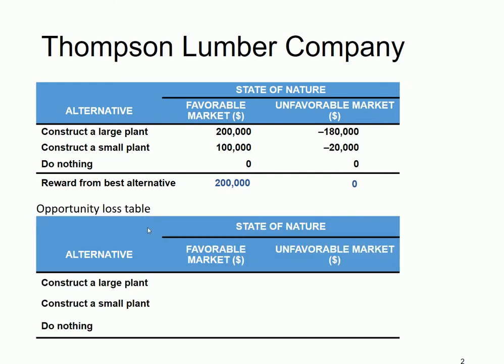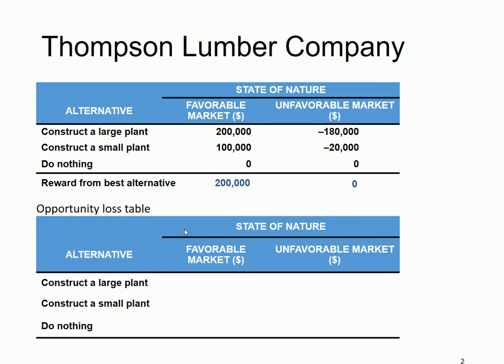Next, let's construct a table called an opportunity loss table to record the so-called regret. The regret is simply the amount that you could have gained additionally if you had chosen the best alternative.